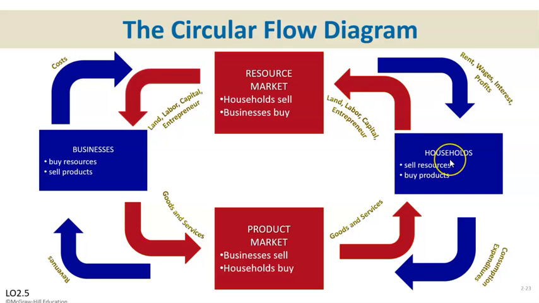You own your ability to work. You can sell your work to the businesses, and in return, the businesses will pay you. So for the businesses, this is the cost. This is the amount that they're spending on their resources. So that money is going to flow through the resource market from the businesses to the households.